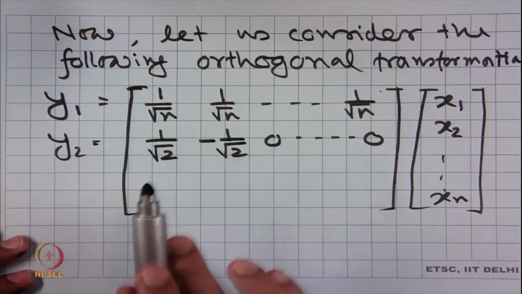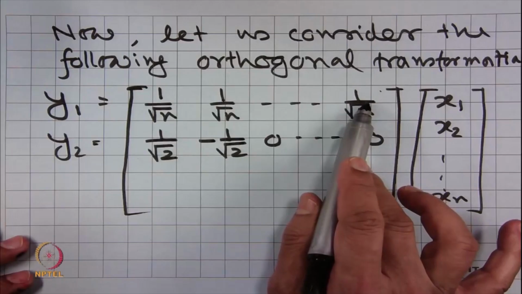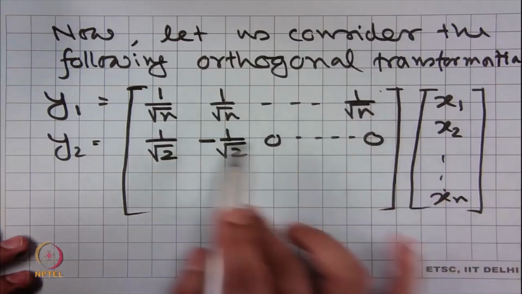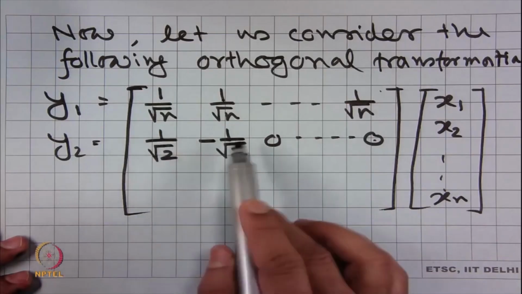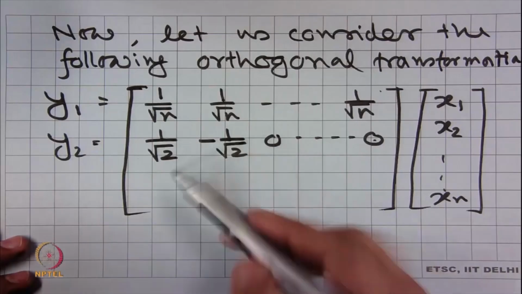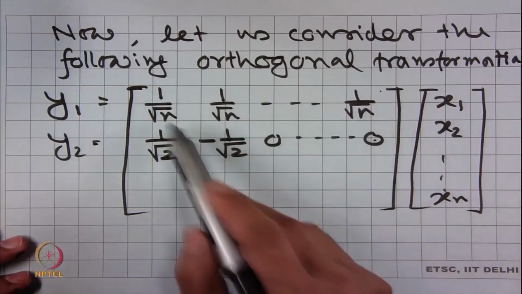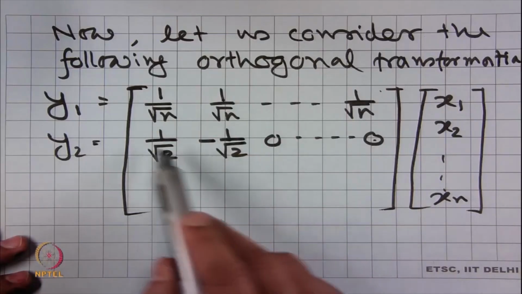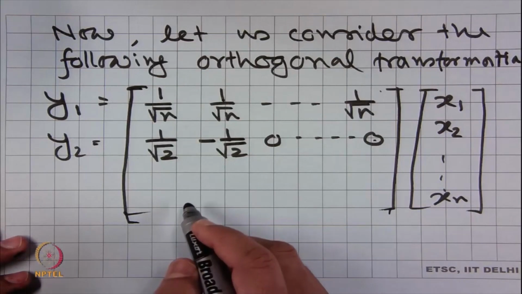Therefore, first thing you note is that the sum of squares of these values is equal to 1. Sum of squares of these values is half plus half, equal to 1. Not only that, if we look at the dot product of this vector with this, we get 0. Therefore, these two vectors are mutually orthogonal.